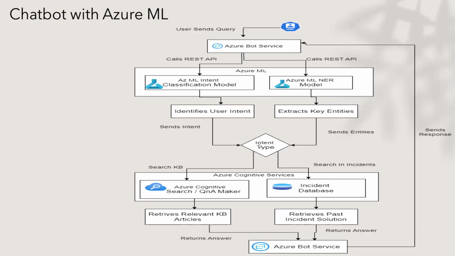Based on the intent type, if it matches the one in the incident database, then we go this path, and if it matches through the cognitive service, then it's going to retrieve the relevant KB article, and then it returns the answer.